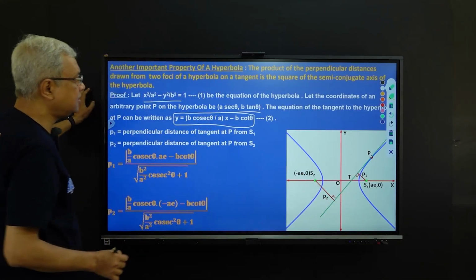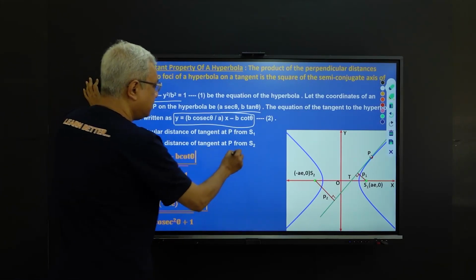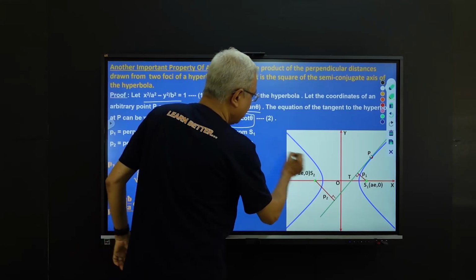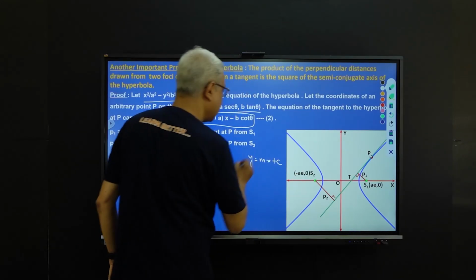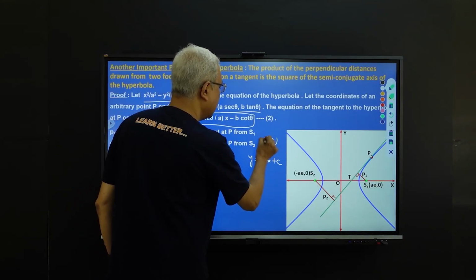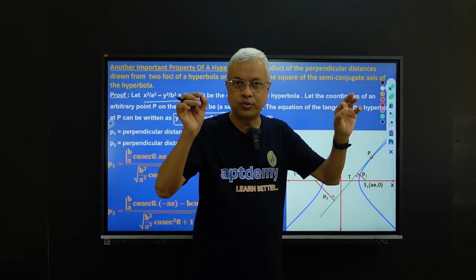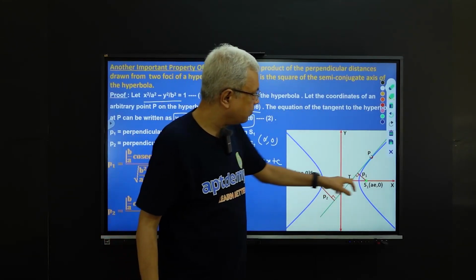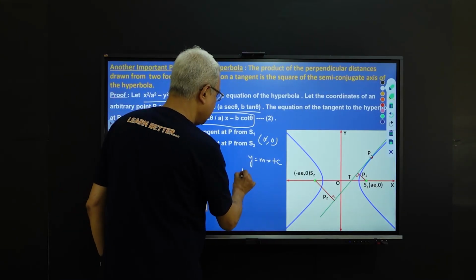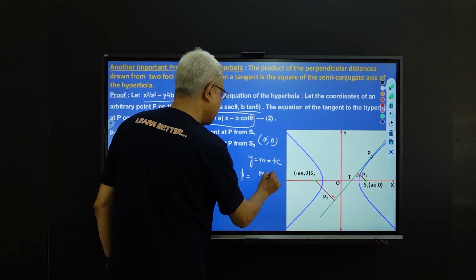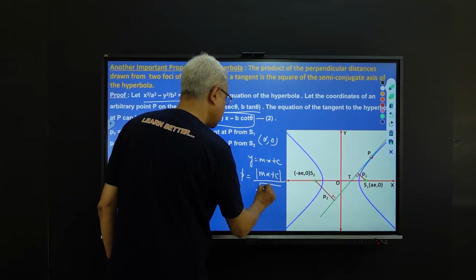So P1 is what? Again same thing. Just remember, y equal to mx plus c is the equation of the straight line, and the point is alpha, 0. The y coordinate is 0 because I am talking about perpendiculars dropped from the two foci, and for both foci the y coordinate is 0. So the perpendicular distance is mod of m alpha plus c divided by root over 1 plus m square.